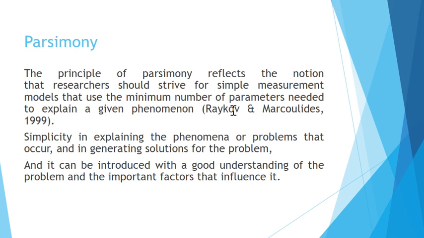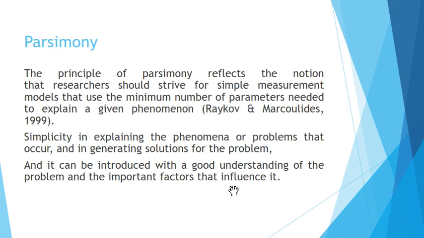This definition is given by Rigdon and Maccallum in 1999. Simplicity in explaining a phenomenon or a problem that occurs, and in generating solutions for the problem, can be achieved with a good understanding of the problem and the important factors that influence it.